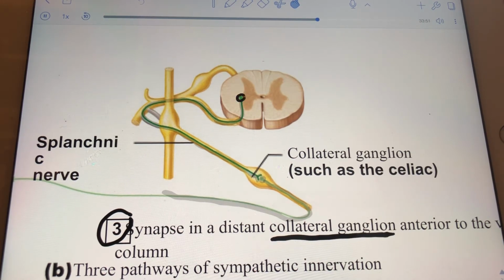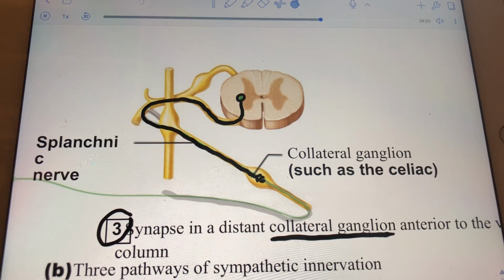Here's the cell body of our preganglionic neuron. Its axon runs through the ventral root, runs through spinal nerve, runs through white ramus communicans, and then rather than synapsing, runs through sympathetic trunk ganglion and extends all the way into some other collateral ganglion, for instance, the celiac or the splanchnic ganglion.